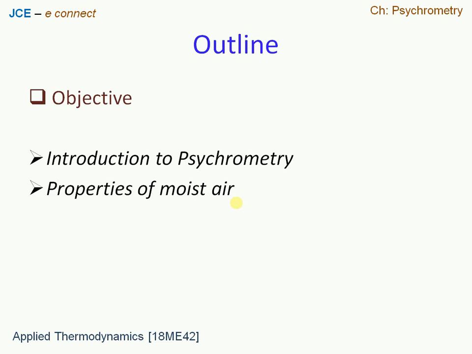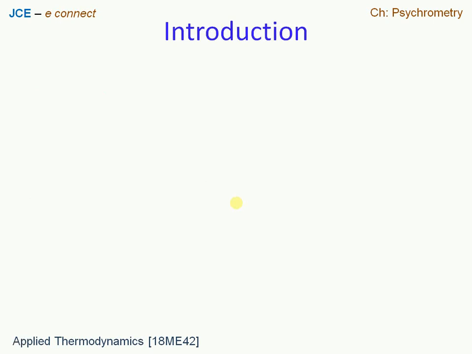So now let us look at what exactly is psychrometry and what is its relevance. We know that in the atmosphere we have atmospheric air, and this atmospheric air has two parts. One is the dry air, and in the dry air we have some presence of moisture which is called vapor.